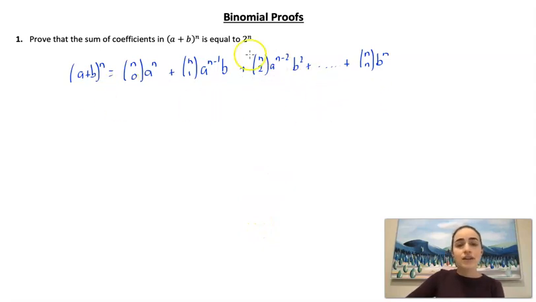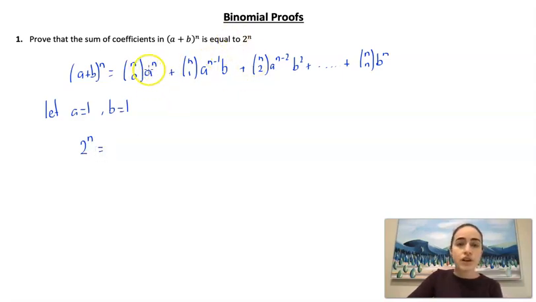Okay, so that's our expansion, and we're trying to show that the coefficients add up to 2^n. So what we're going to do is let a equal 1 and b equal 1. So the left-hand side becomes (1 + 1)^n, so 2^n.